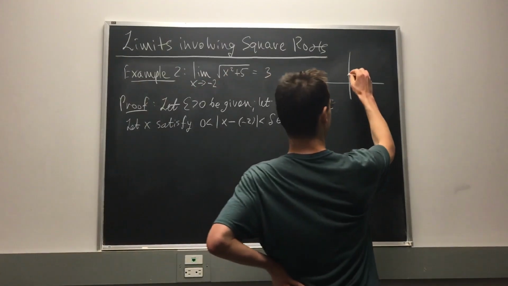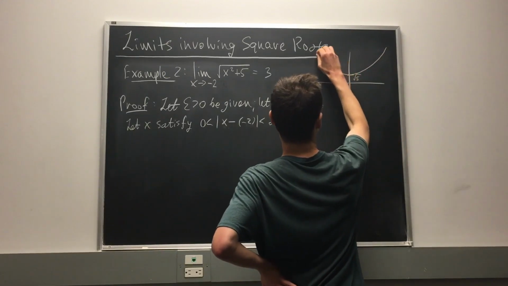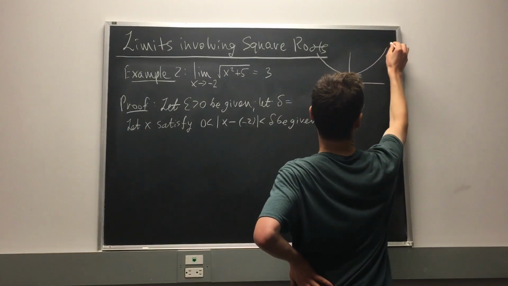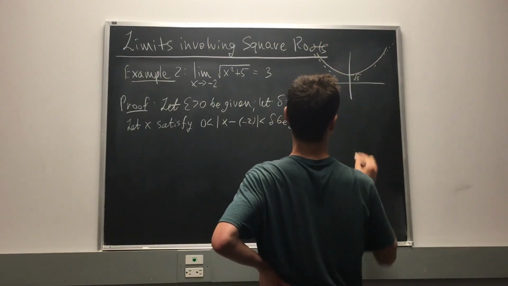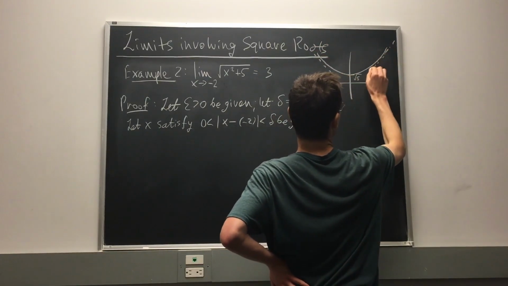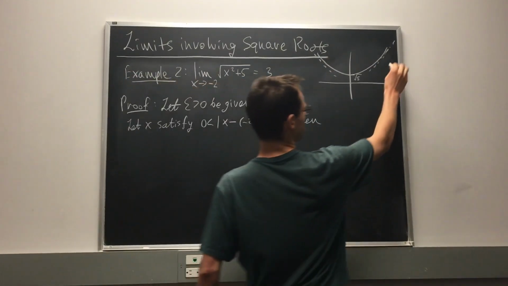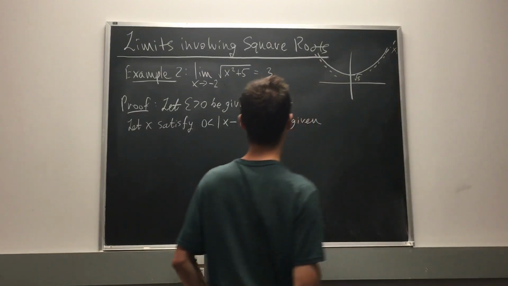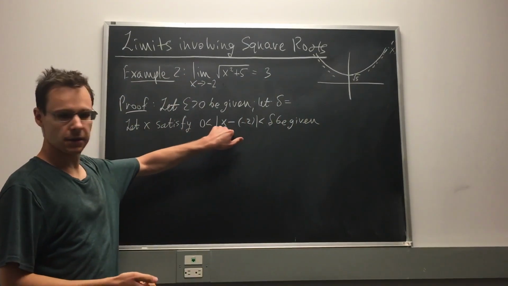So the function will look something like that, and these lines here are going to approach x. There we go. That's just a rough visualization of what's going on. These are slope 1.